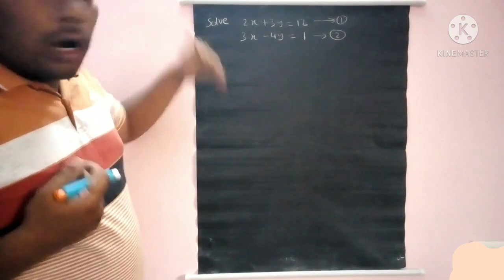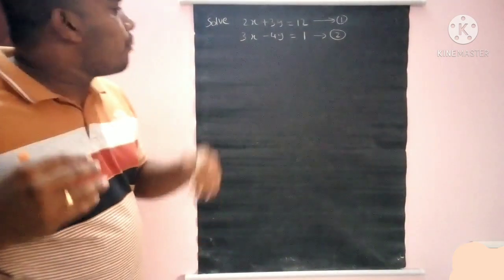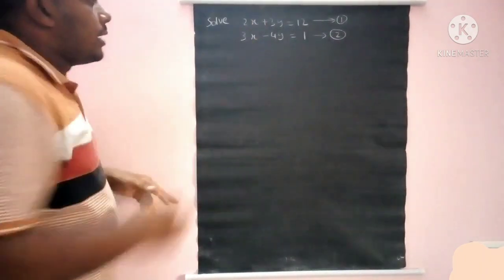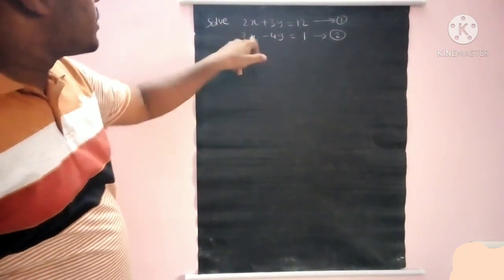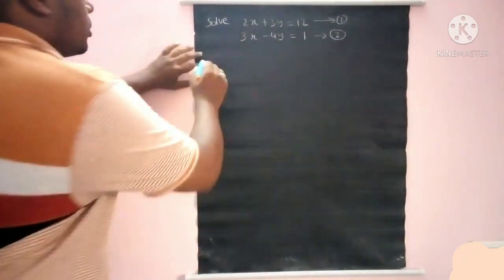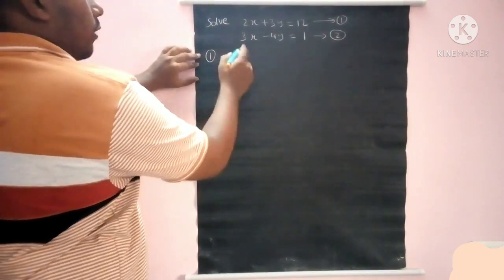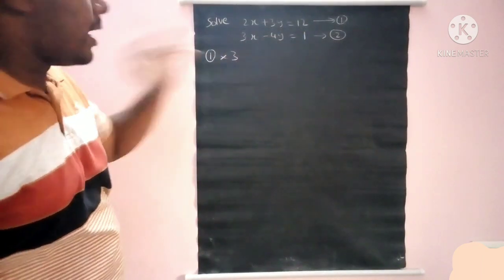Suppose I want to make the x coefficients equal. If I want to make the x coefficients equal, then I should multiply the first equation with the x coefficient of second equation. So that means equation 1 into 3. So x coefficient is 3 here in equation 2, that I am taking.